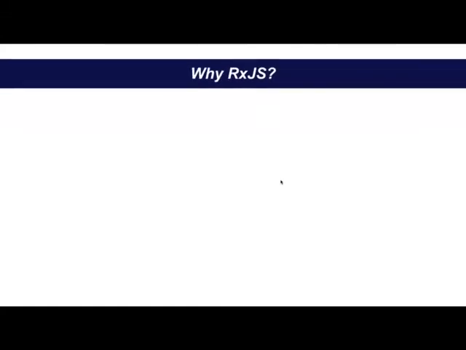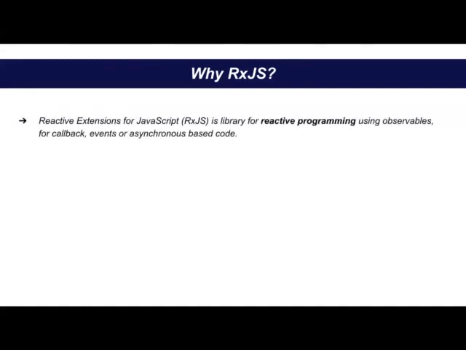Now, as I told you, RxJS is not the only library for this implementation, but why do we need RxJS and why RxJS only? First of all, it is good for reactive programming because it gives me a lot of utility functions to handle such events, asynchronous calls, and callback related calls, and I can handle them very effectively.